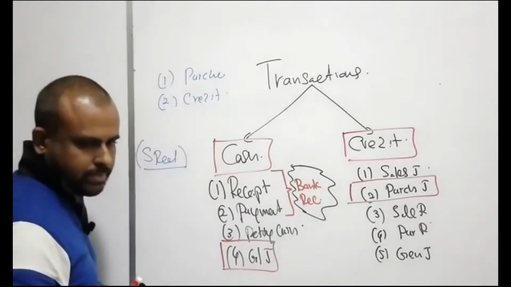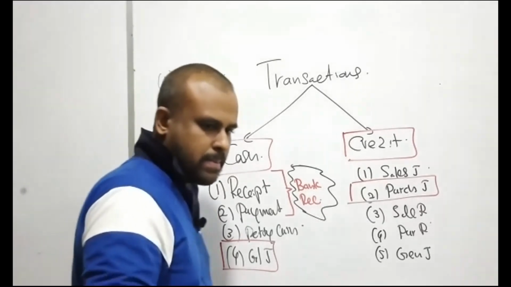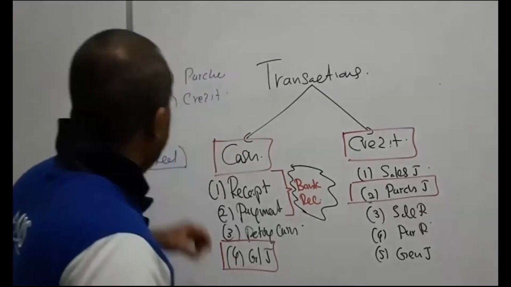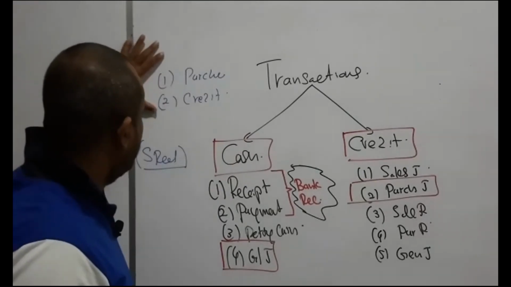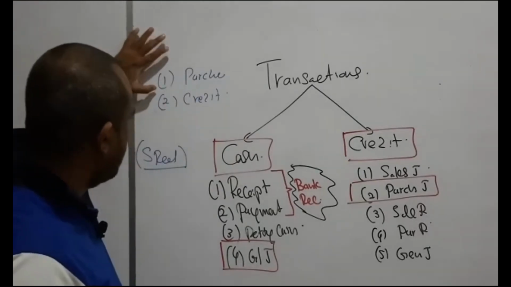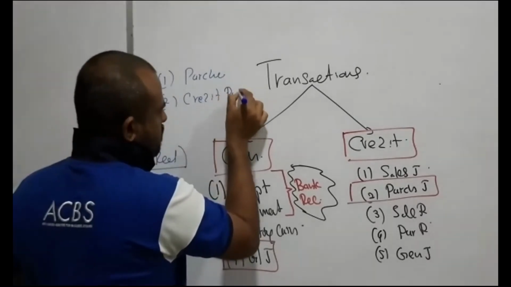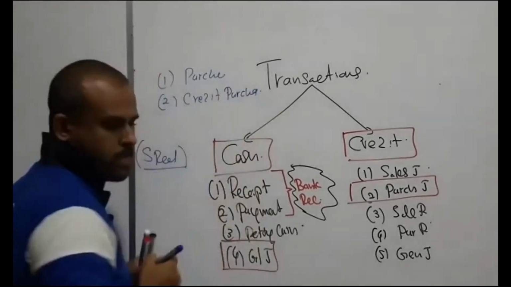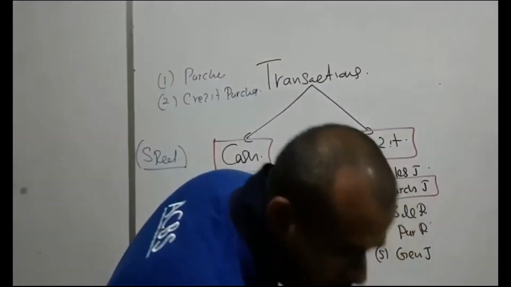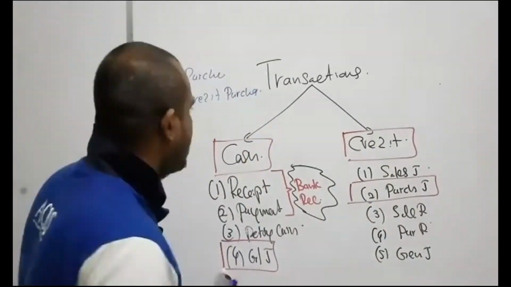What's the answer? In the purchases journal, you record all the purchases or the credit purchases? Credit purchases, sir. Exactly, right?